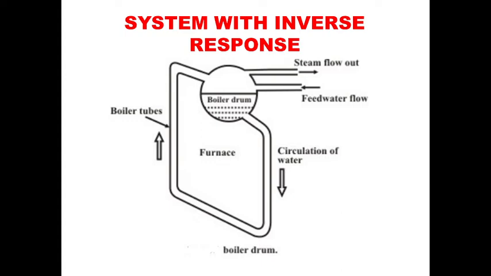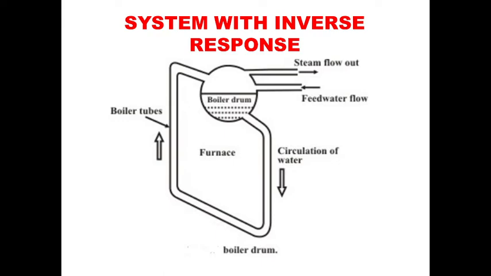It is very important to control the water level of the drum at a desired level by controlling the feed water flow with the varying demand of steam. The instantaneous level of water in the boiler drum is decided by the steam flow rate and the feed water flow rate, and it reaches a steady state when both are equal.